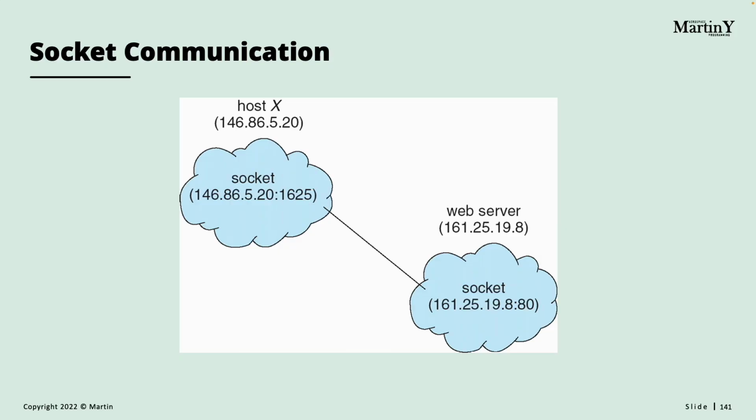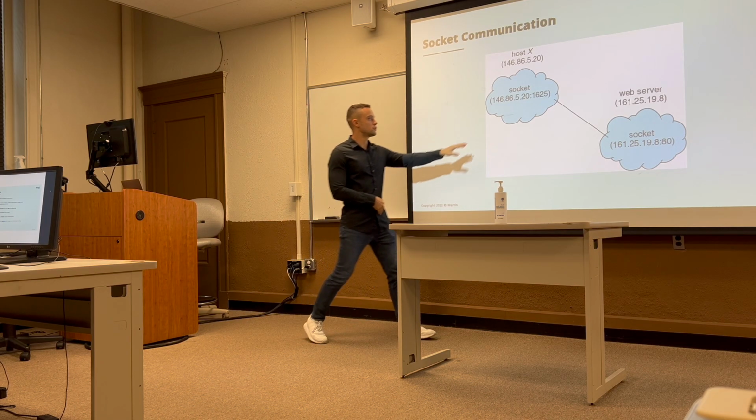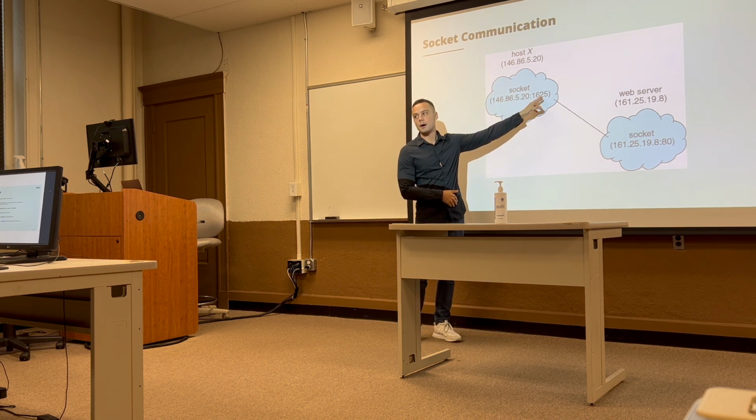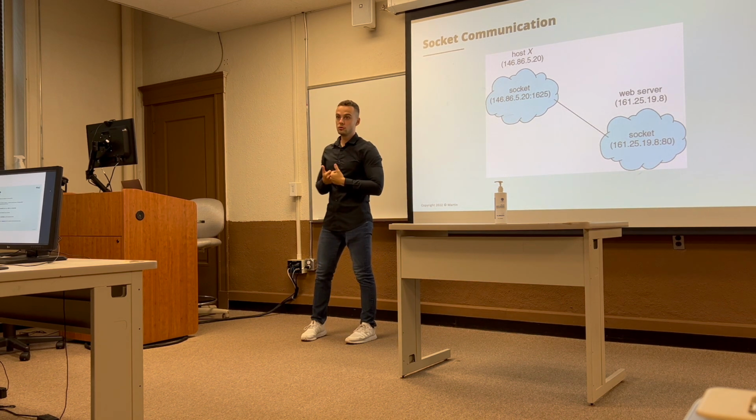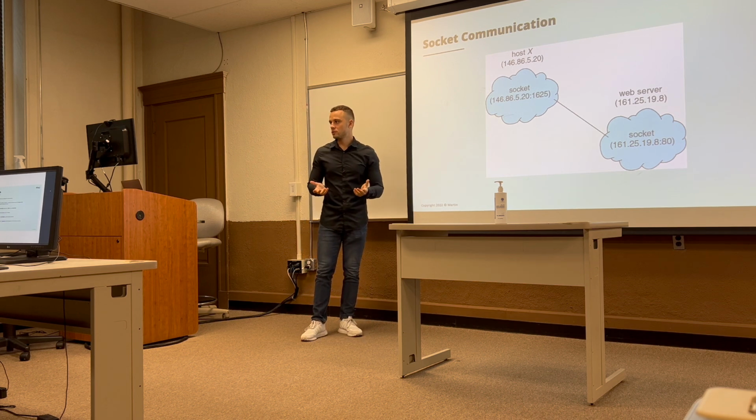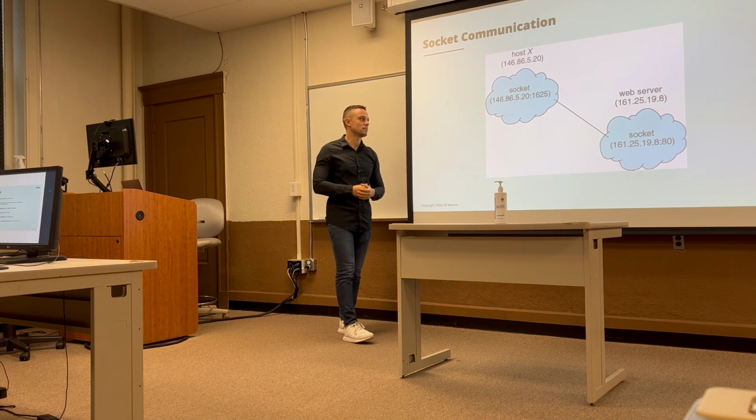So you can see that here we have two applications that are communicating, or actually two sockets, right? So let's say this is your IP address and you want to communicate with a web server. You open a port number on your side, which is obviously going to be a custom port number, because you open an application.